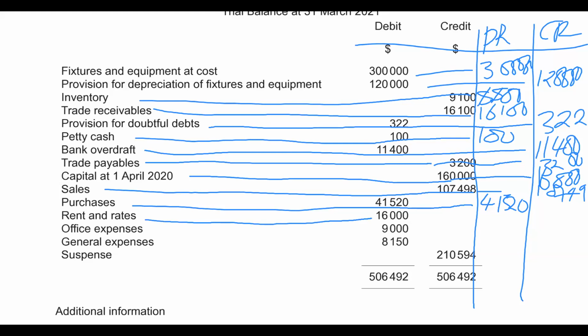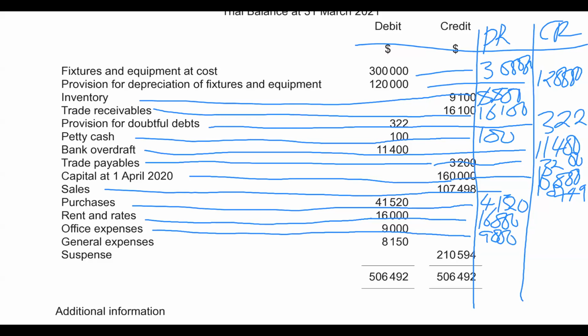We debit them. So you record 16,000 for those. Then we have office expenses. Obviously, since these are expenses, they go to the debit side as well, 9,000.